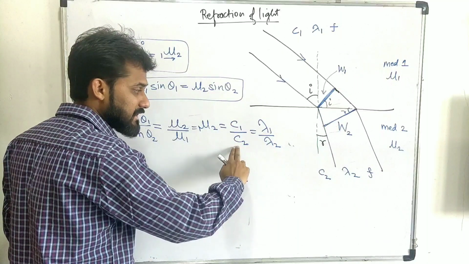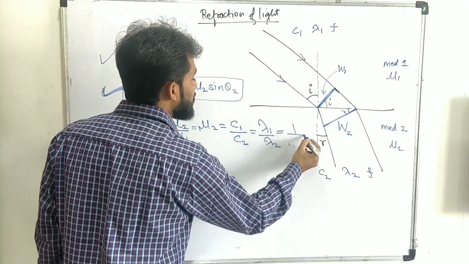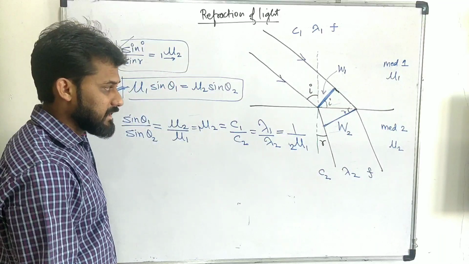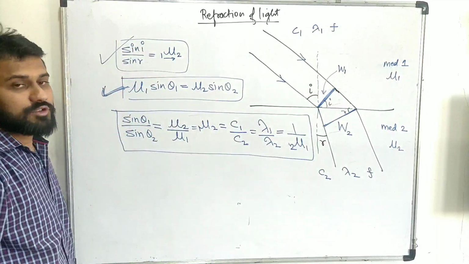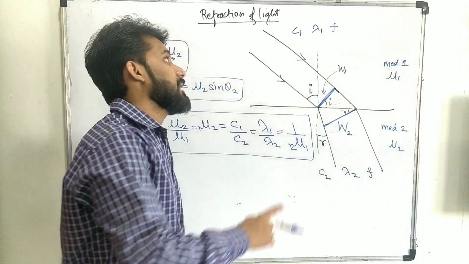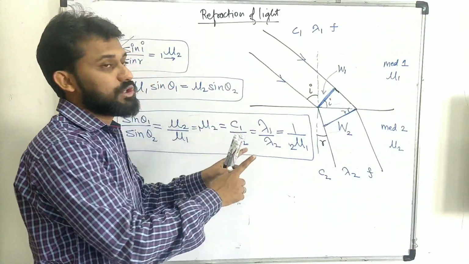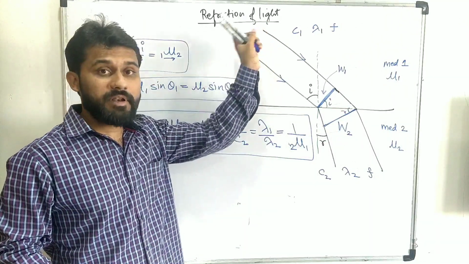So from c1 by c2 it converts to lambda 1 by lambda 2, and it can also be written as 1 upon mu 1 2 by interchanging this, right? So these are some formulae that we need for solving questions. Remember CET के लिए wave theory में questions जो है, similar questions you will also find in refraction of light of 11th standard. 11th standard में topic है refraction of light.